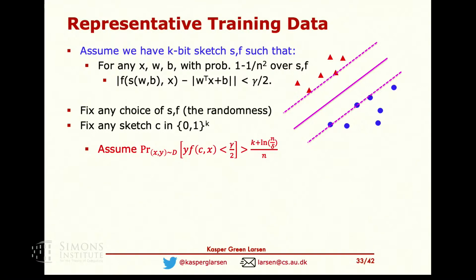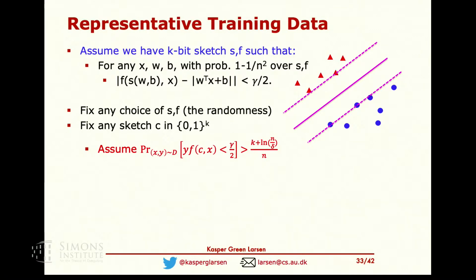So we're going to do something similar to before. We're going to say, okay, assume that there's a big chance that you see a point. If I'm using this sketch C and I'm approximating X transpose W plus B, including the label, I guess this is an approximation of what the margin is, right? This is what my sketch would approximate the margin to be.